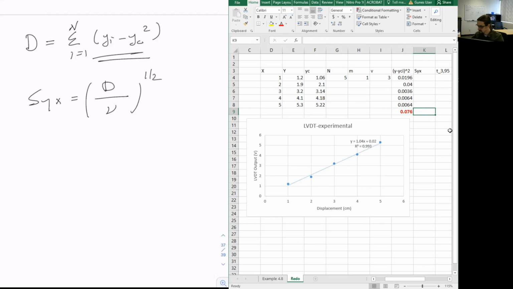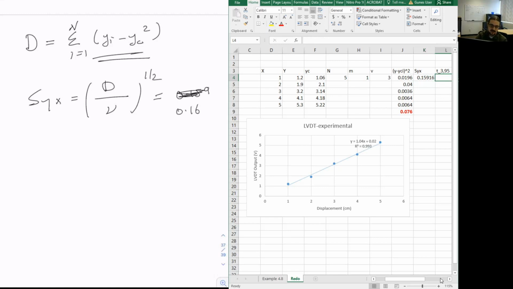So that's my D. And then for this one, I will say this is going to be in square root, D divided by my degrees of freedom. And there you go. So that's the standard deviation that I have. We've calculated it as 0.15, 16 almost, so we can say 0.16.